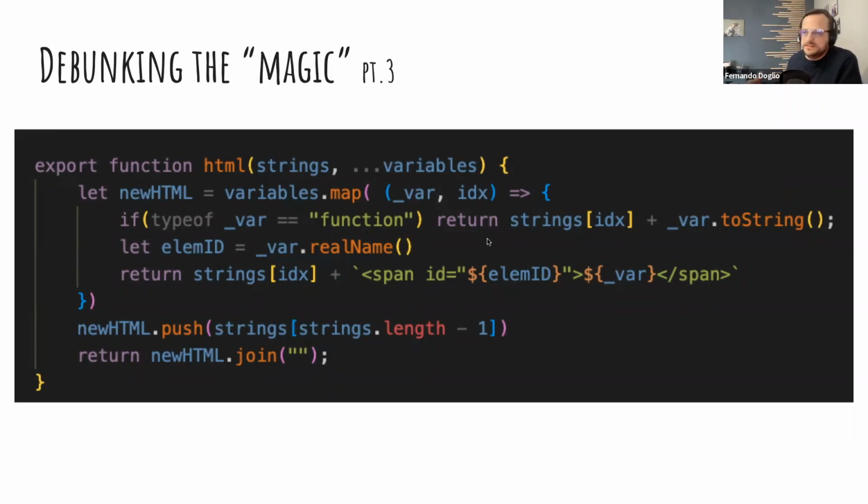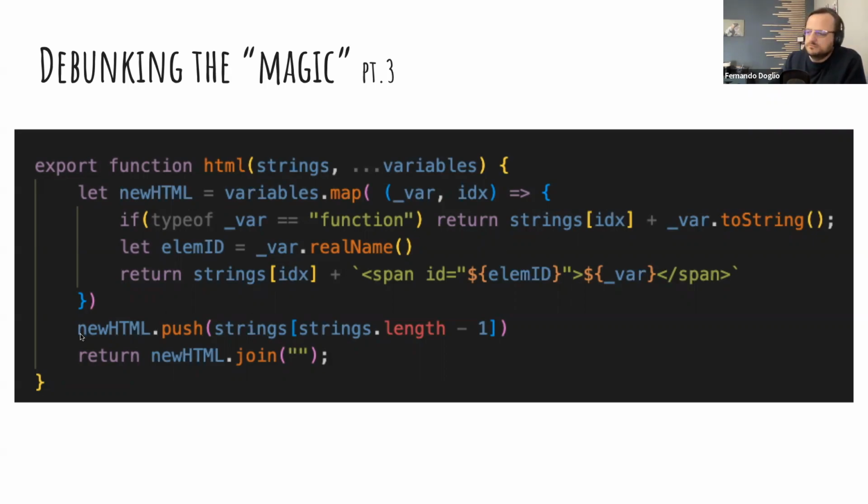So essentially, to put it simply, what I'm doing with the HTML function is creating wrappers in all the places where I'm adding these state variables, and these wrappers are span elements with a unique ID that corresponds to their corresponding state variable ID.